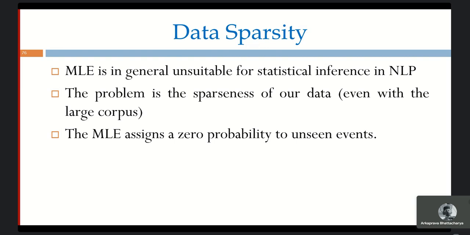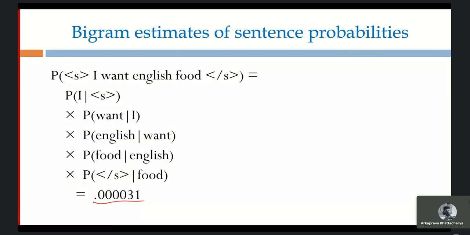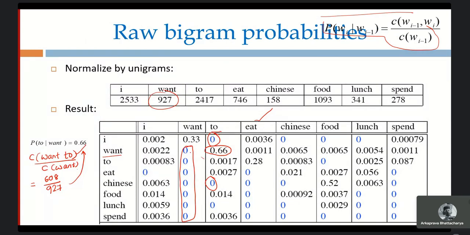So when we calculated this maximum likelihood estimate with the probabilities between the pairs, most of the time we have seen there are zero probabilities. That means these are the pairs which have not been seen. When I train on such data and then test on other data, if a pair has not been seen, then the whole probability will become zero.